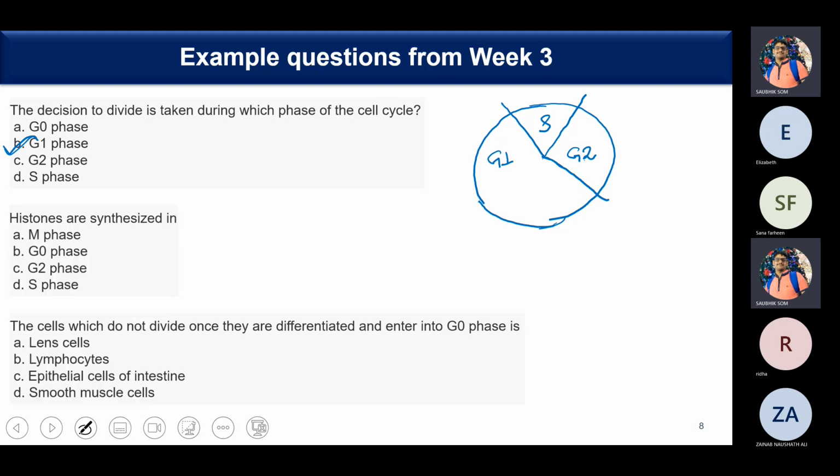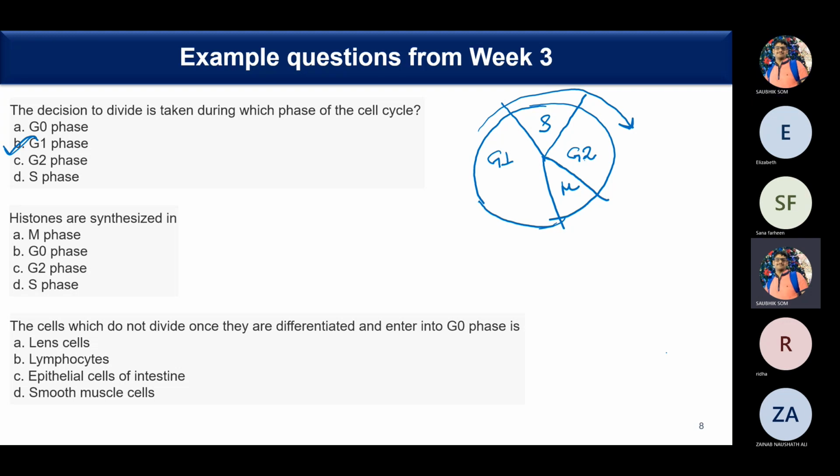Maybe this will be G2 and this part will be the correct one. So the cell cycle always goes in this orientation. It never goes back. There will be checkpoints: G1 checkpoint, G1/S checkpoint, G2/M checkpoint, correct?